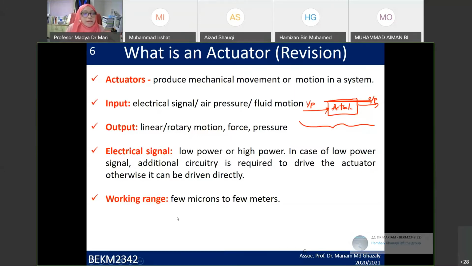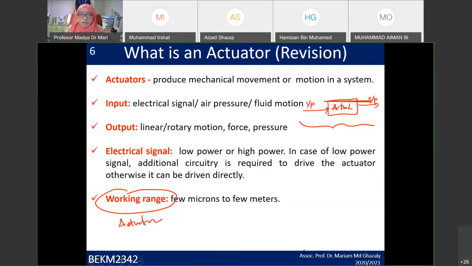Anyway, when we talk about the working range, this is the working range of the actuator itself. It means the displacement, from a few microns to a few meters, so from micrometer until meter. For example, if we talk about linear motion, it will be in micrometer to meter.